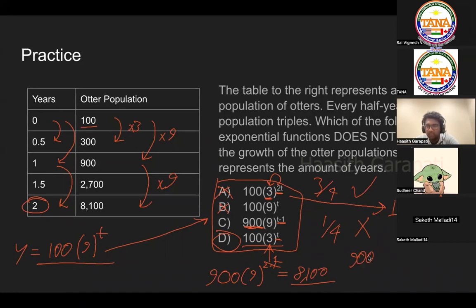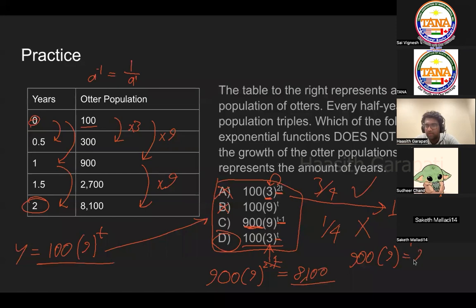We have 900 times 9, and if we start at year 0, 0 minus 1 is going to be -1, right? So we have 900 times 9 to the power of -1. Well, the thing about negative exponents is that they create reciprocals, where a to the power of -1 is equal to 1 over a to the power of positive 1.